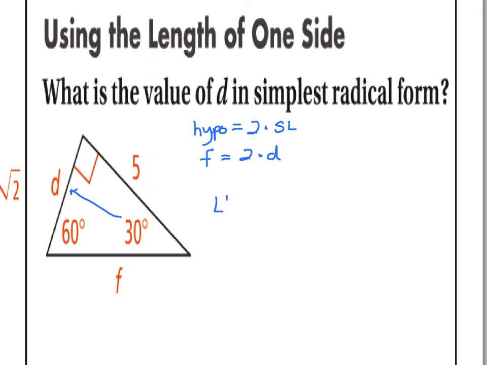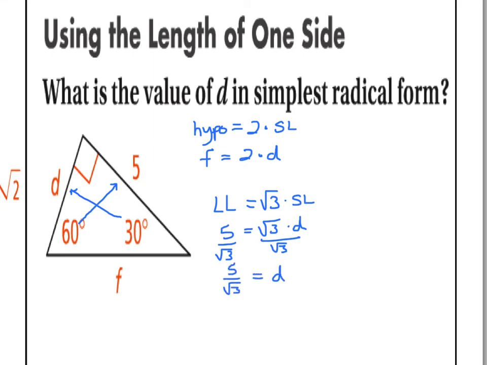The long leg is equal to the square root of 3 times the short leg. Well, the long leg is opposite of the 60-degree angle. That's 5. So 5 equals the square root of 3 times the short leg, which is d. Now, I can solve this equation. Okay? So in order to solve this equation, I'm going to divide by the square root of 3 on each side. And d is going to equal 5 over the square root of 3.